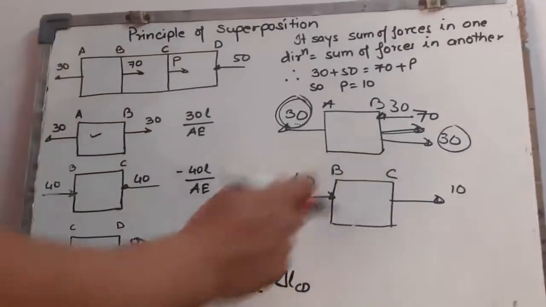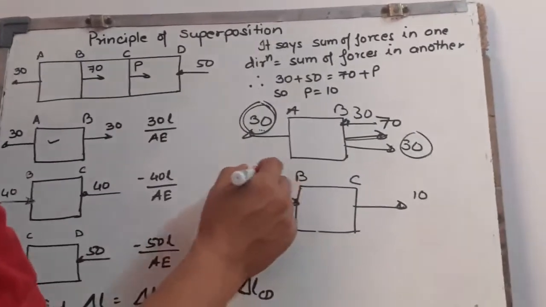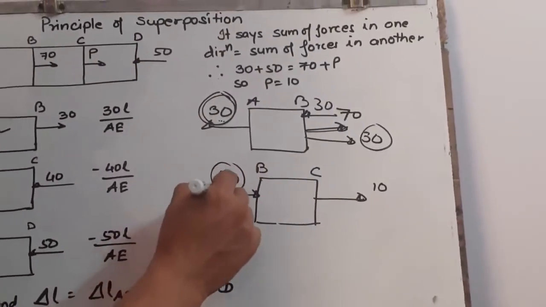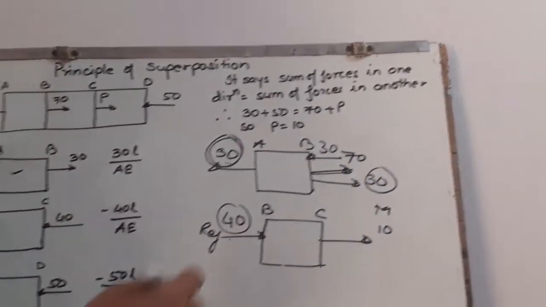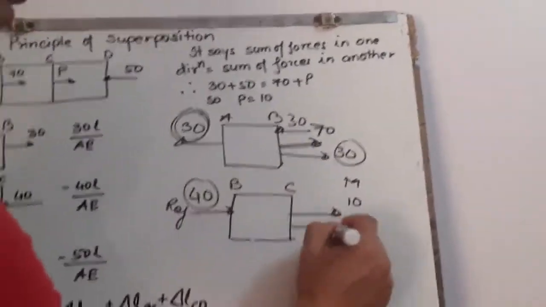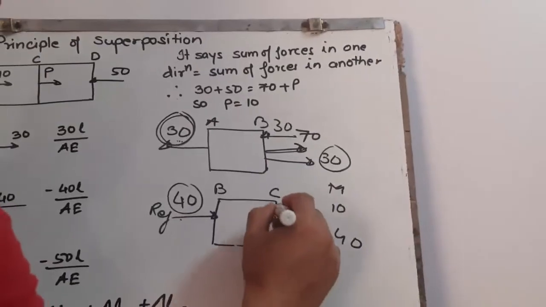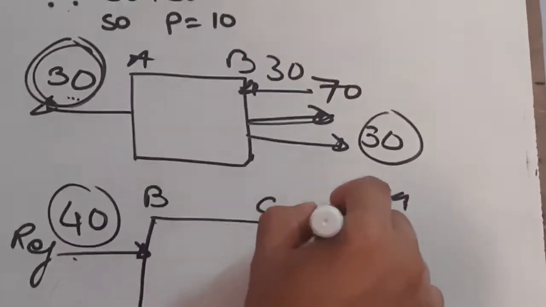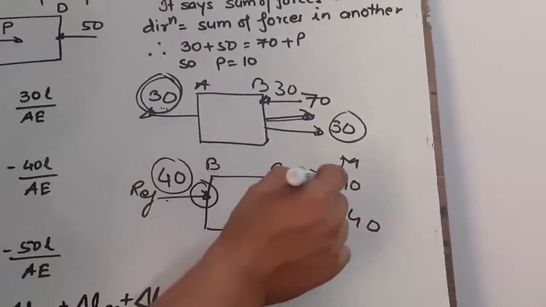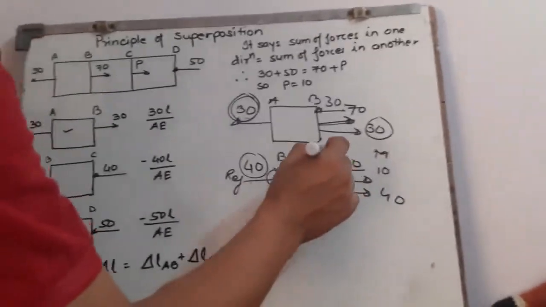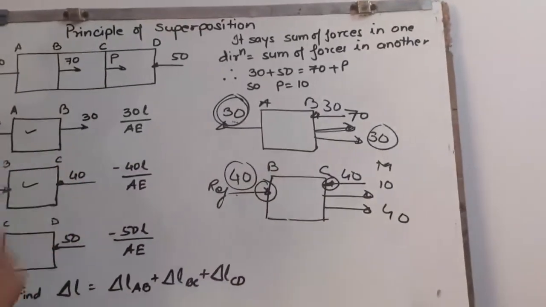Now to balance this, again this is your reference and this is your manipulator. So again you add 40 and you subtract 40. If you add and subtract 40, this and this are brought back here.